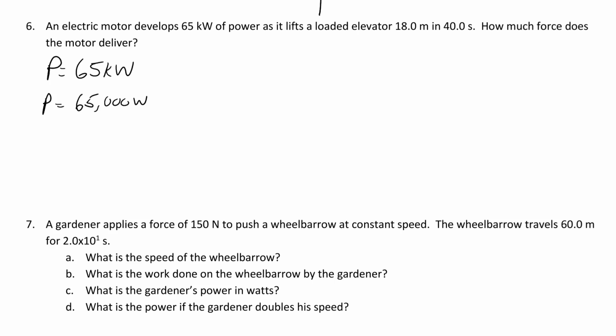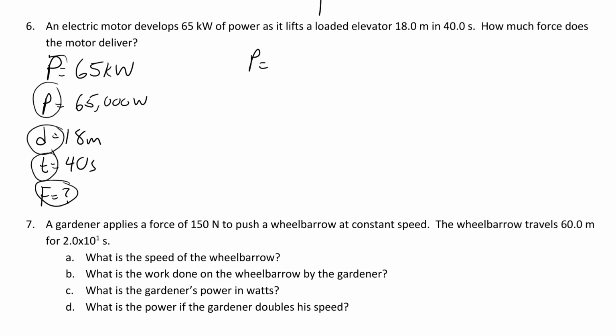All right, so it's lifting it 18 meters in 40 seconds. How much force is being exerted? We could do the work over the time, but we don't have enough information to really find the work. We don't know the velocity, but we're looking for that. We have that, and we have that. So let's use the version of the power formula that has all those variables.